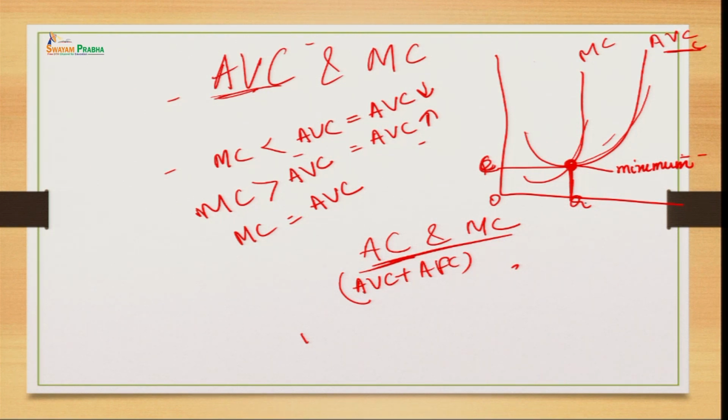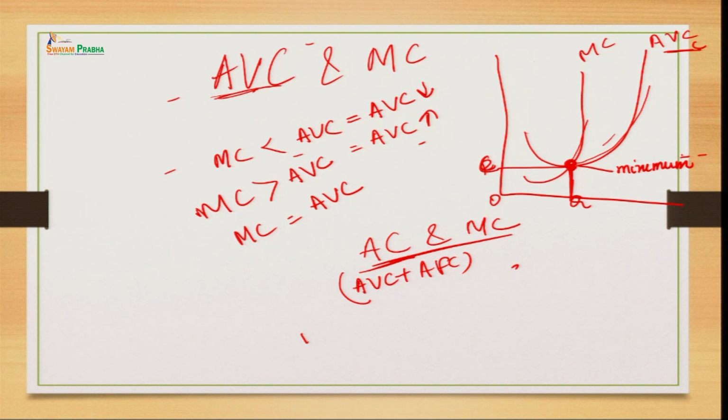But for now we are talking about the relationship between average variable cost and marginal cost, and here we are saying till the time your marginal cost is lesser than the average variable cost, your average variable cost will decrease, right. When the marginal cost is more than the average variable cost, then the average variable cost curve will increase, and at the point where they both are equal, that point would be considered the minimum point where the average variable cost will be minimum.